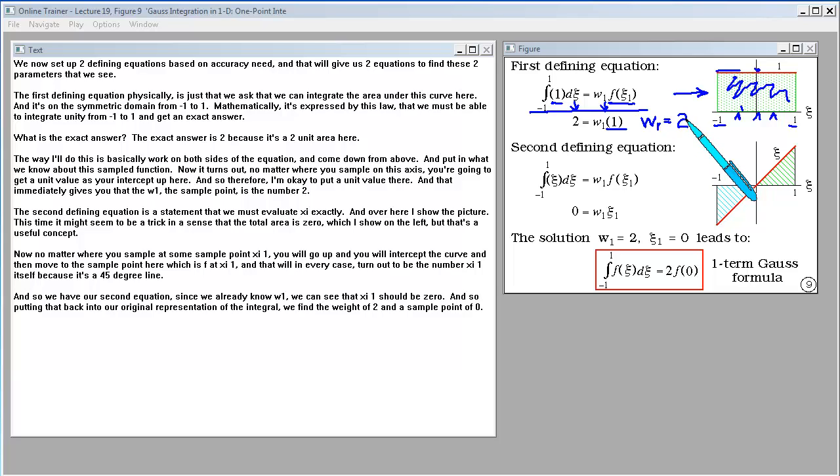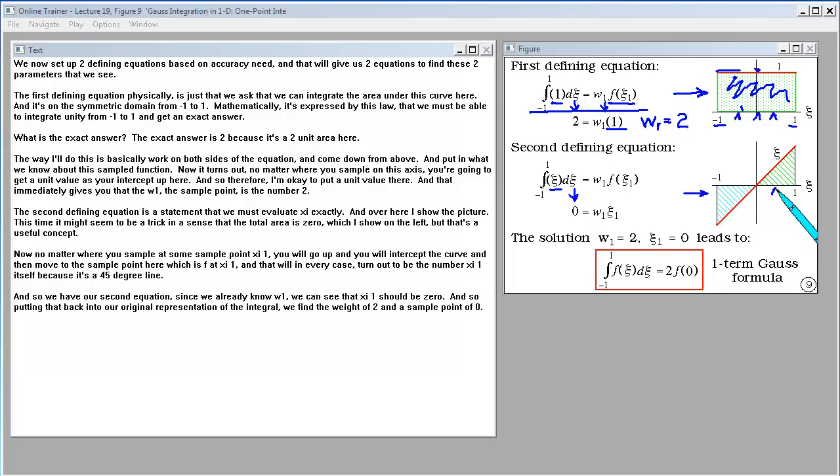The second defining equation is a statement that we must evaluate xi exactly. And over here I show the picture. This time it might seem to be a trick in a sense that the total area is 0, which I show on the left. But that's a useful concept.